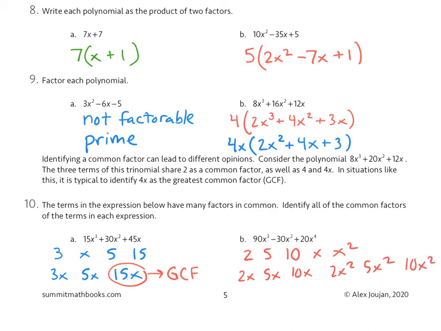And the one that contains the most overall factors in it is called the GCF, or the greatest common factor, and that would be 10x squared. That's the GCF, which stands for greatest or largest common factor, the largest factor that these expressions have in common.